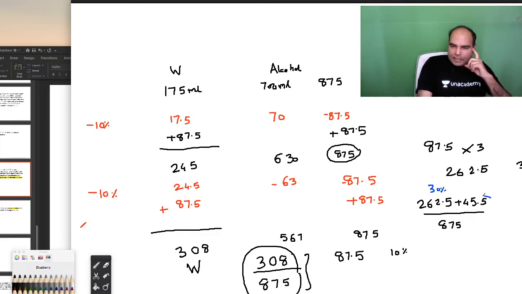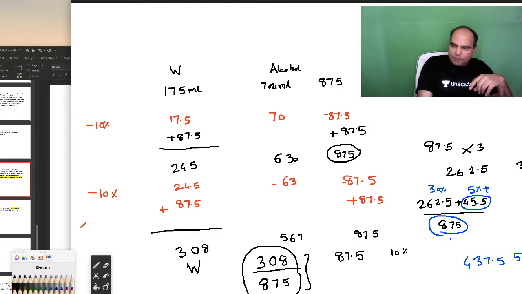And this part we can see is a little bit more than 5%, because 5% of 875 is half of 87.5. 1 divided by 20, half of 875 is 437.5. This is 50% of 875.